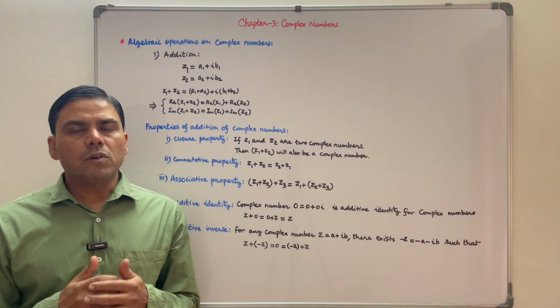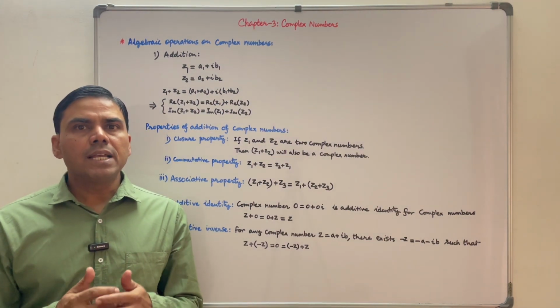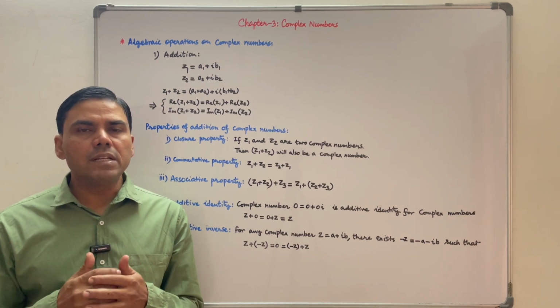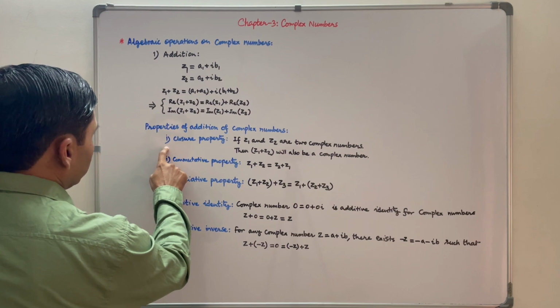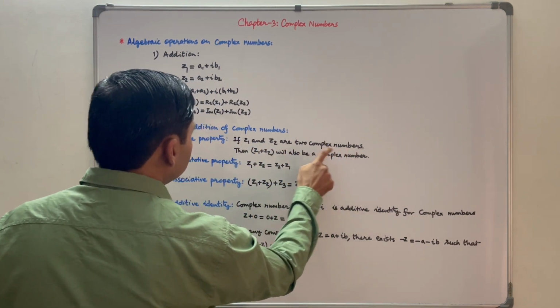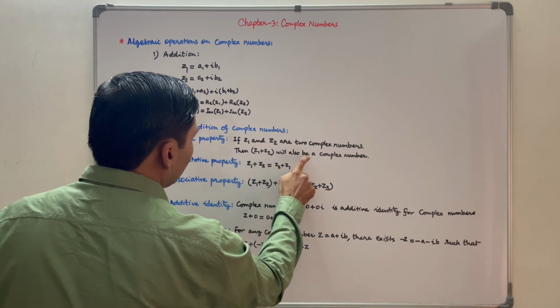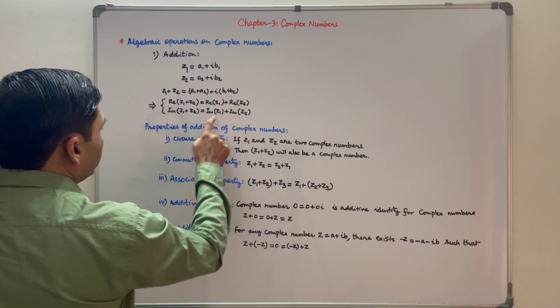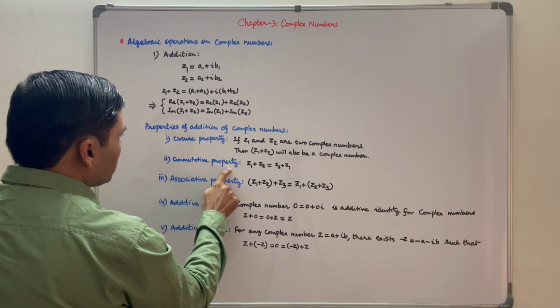Let us see properties of addition of complex numbers as we have been doing in our previous classes for other types of numbers in number systems. First property, closure property. If z1 and z2 are two complex numbers, then z1 plus z2 will also be a complex number. It is clear from here. Second property, commutative property.